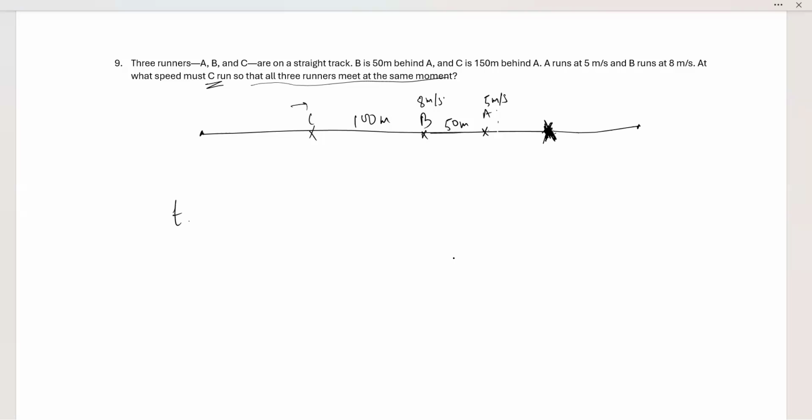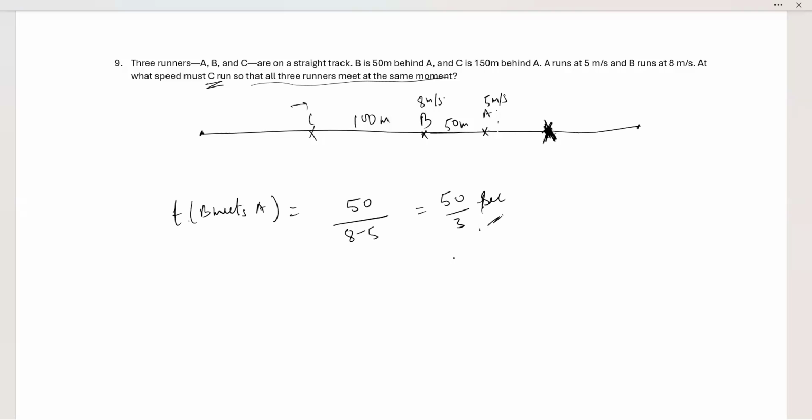So the time where B meets A: the distance between them is 50 meters, and we will use the relative speed concept. The relative speed is 8 minus 5, which is 3 meters per second. So the time is 50 by 3 seconds.